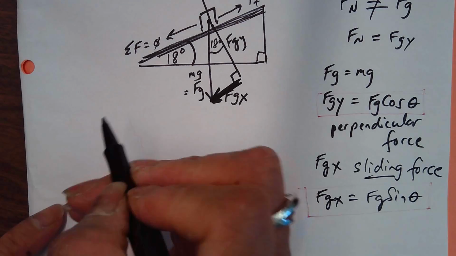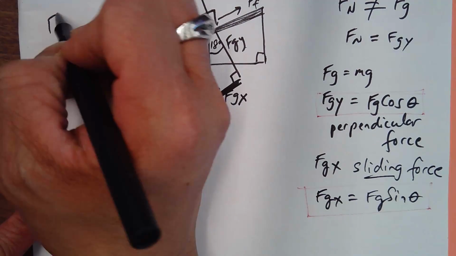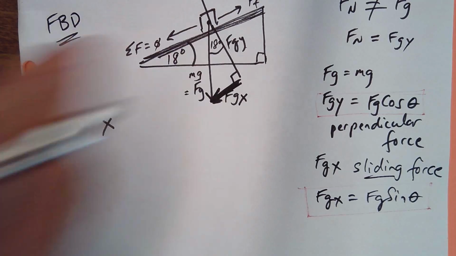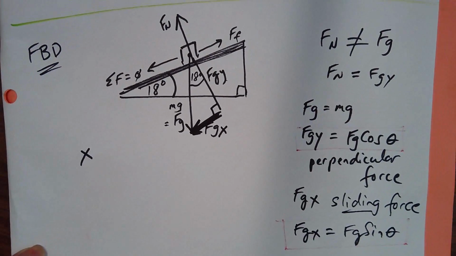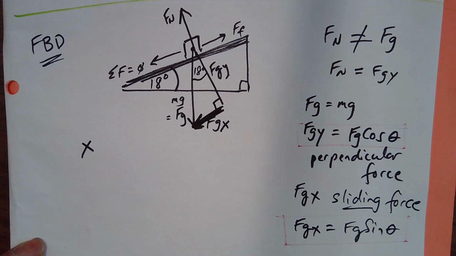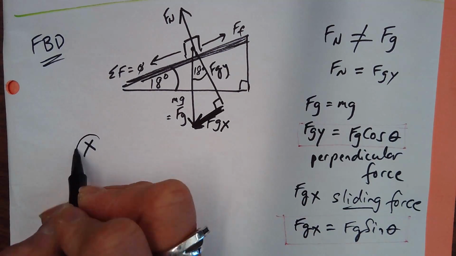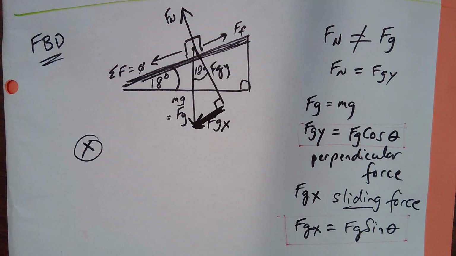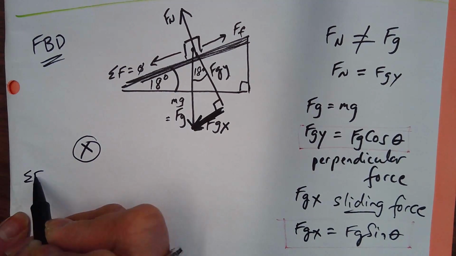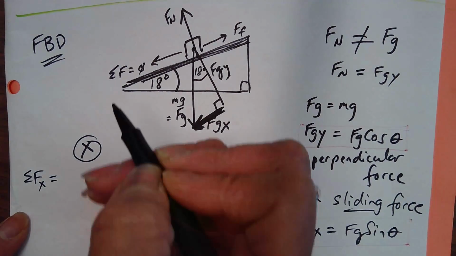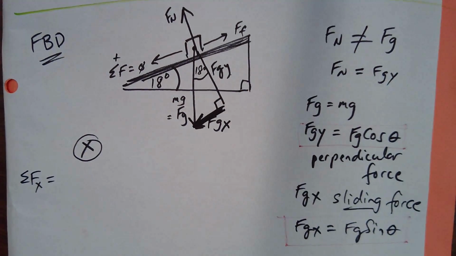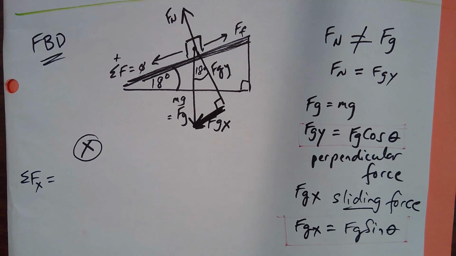Okay, so just like with anything, you have your FBD, start with the FBD, done. Now what do we do next? X and the Y component, because they're different, right? So I'm going to start with the X component right here. What are the forces in the X component? So we always go with net force on the X is equal to, this is positive, what else goes with it?